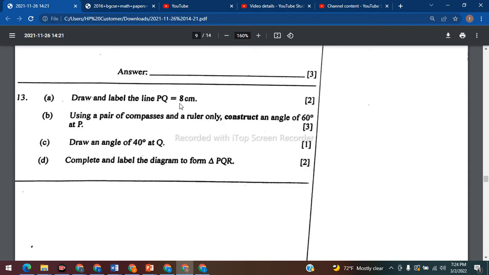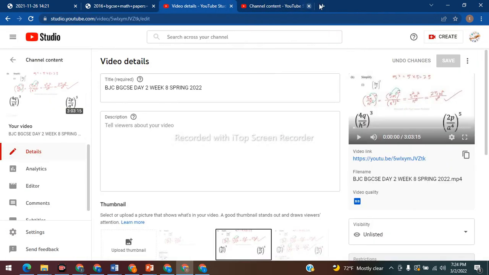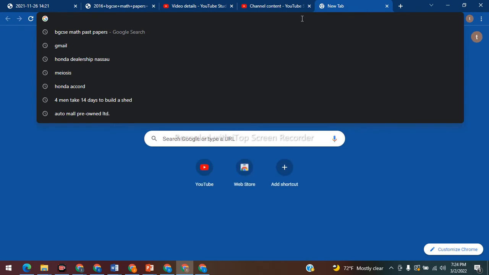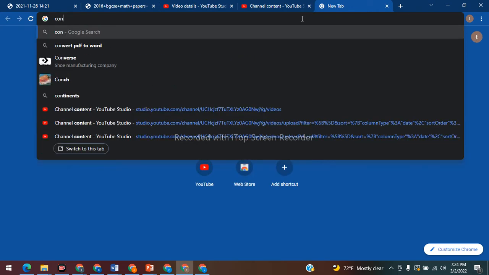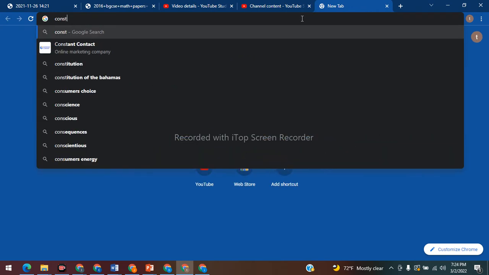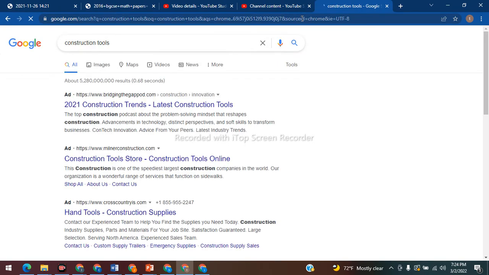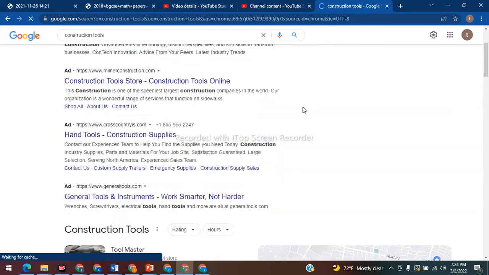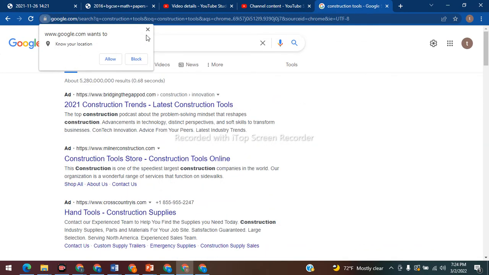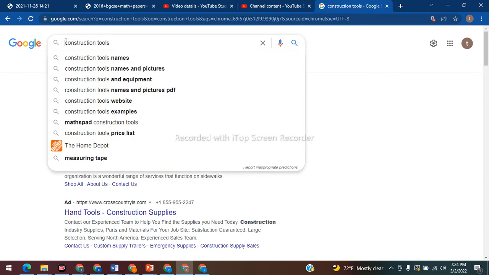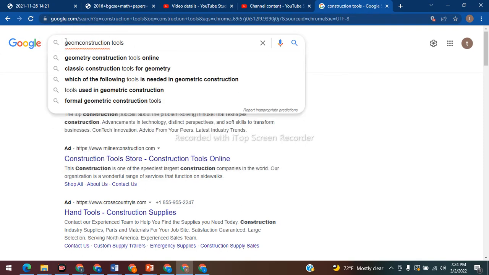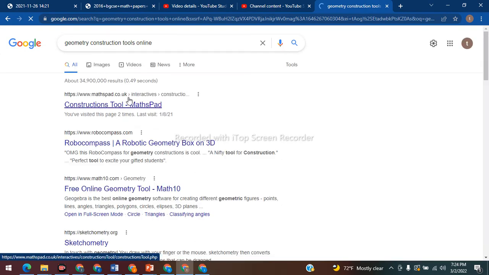So we have to draw the line PQ, 8 centimeters. All right. So we're going to go to construction tools. Okay, so geometry, I should say geometry. All right, there we go.